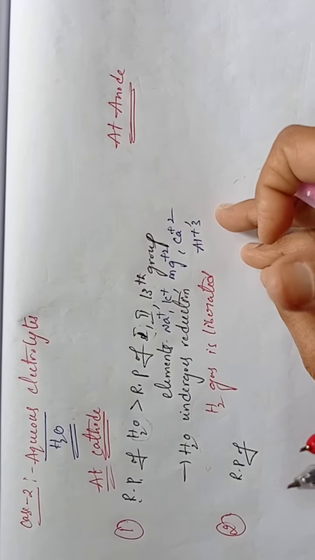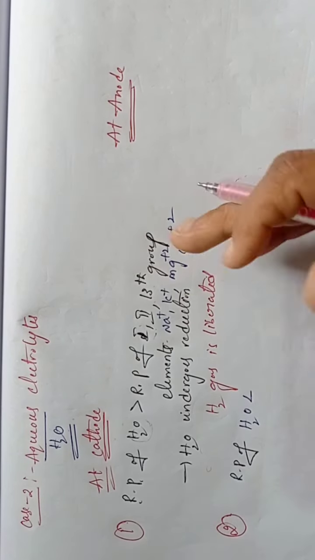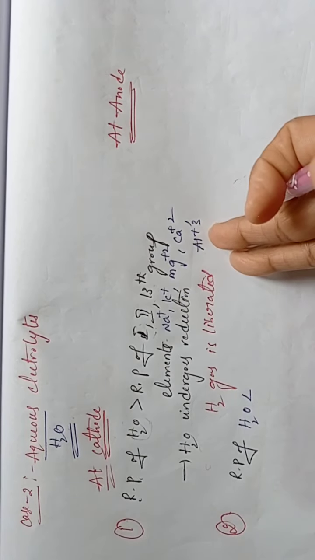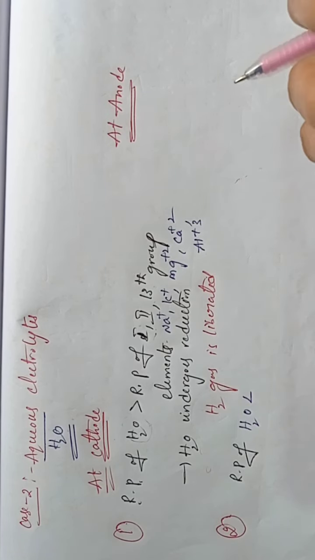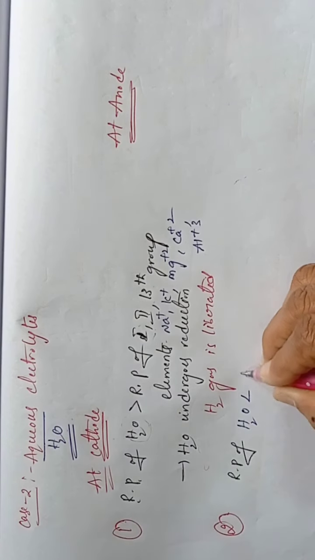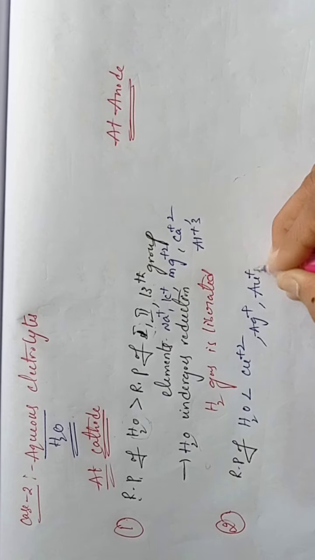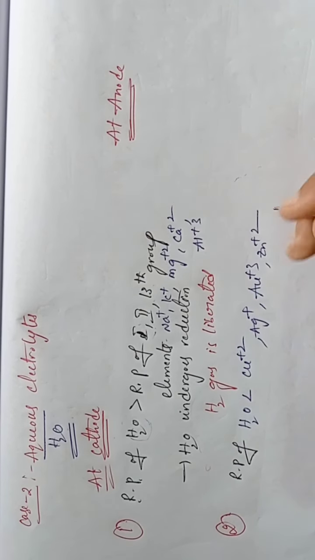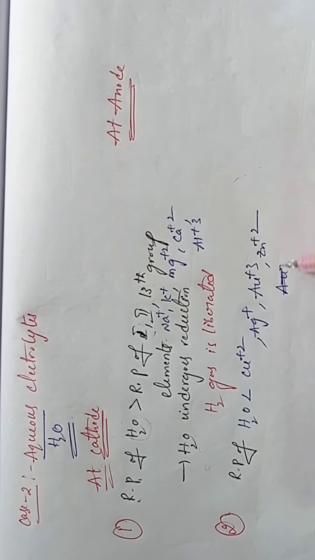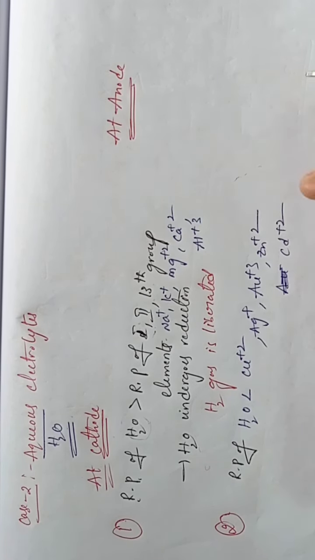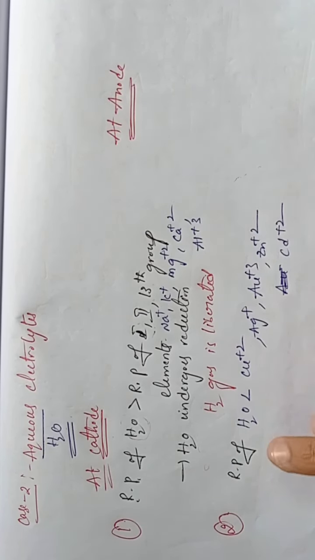Now, other than these metal ions, the reduction potential of water is always less than those ions. Which ions? Cu plus 2, Ag plus, Au plus 3, Zn plus 2, and also Cd plus 2, cadmium. These ions have more reduction potential than water.